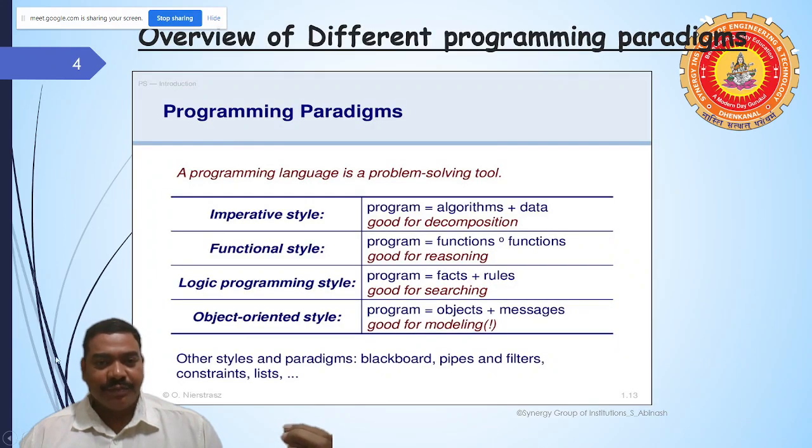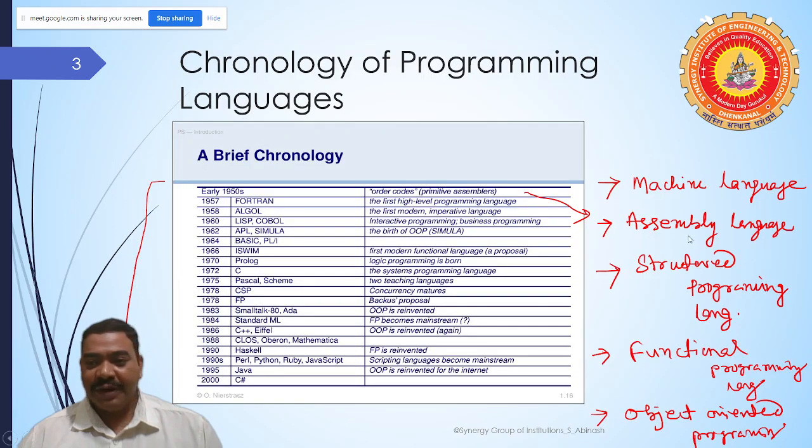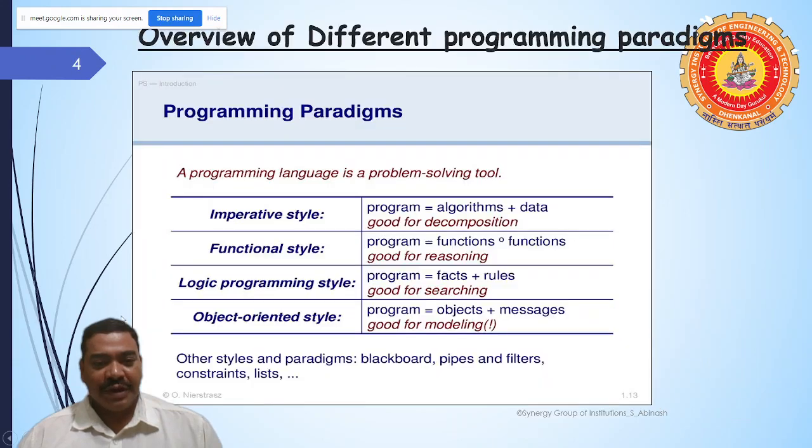Here are the programming paradigms, the different categories of problems. We have discussed a number of programming paradigms, starting from machine language to assembly language, structured programming language, functional programming language, and object-oriented programming language. Imperative style means the program will be designed based on the algorithms and the data related to the application.